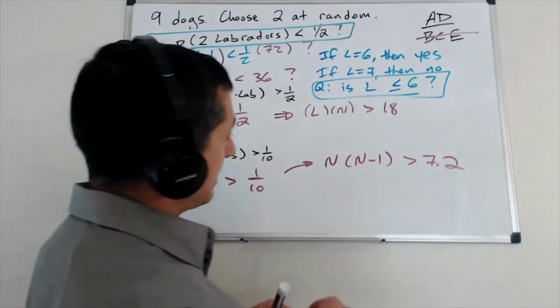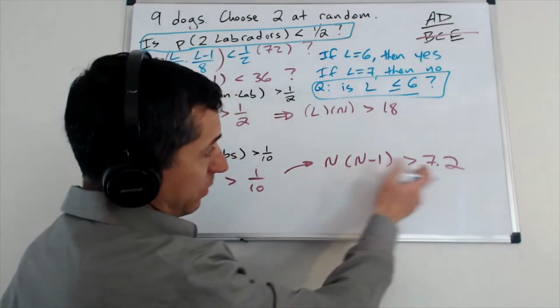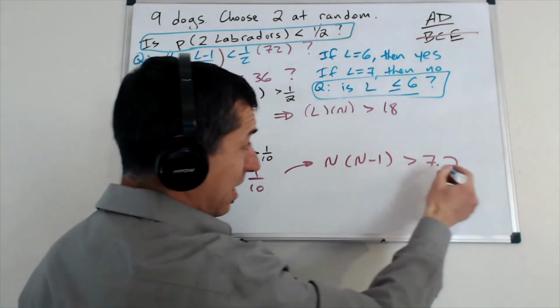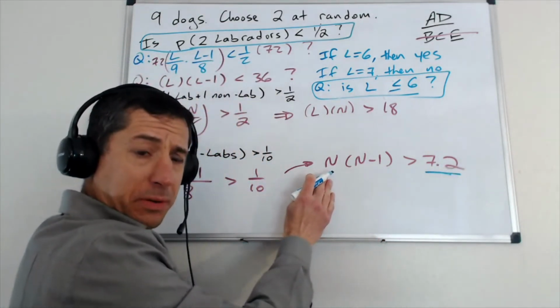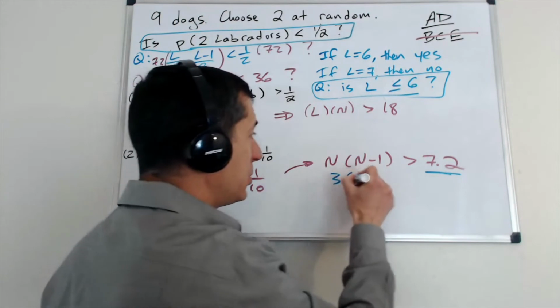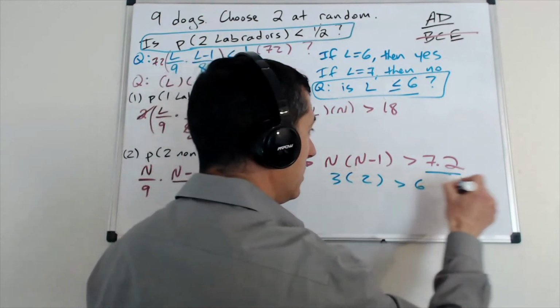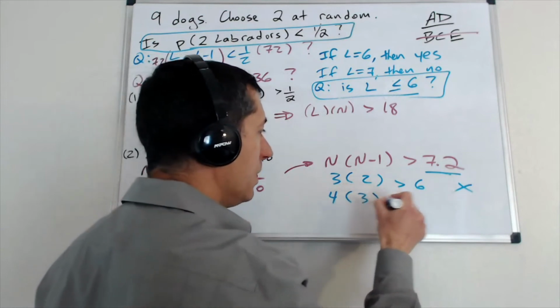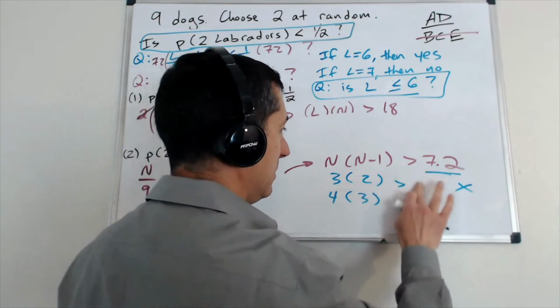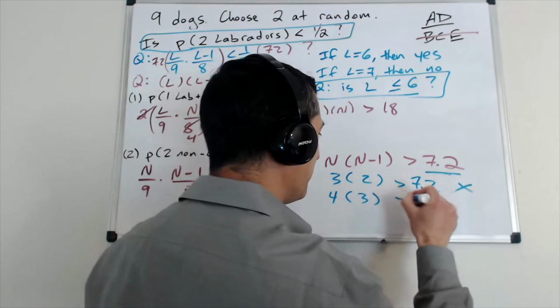Well, I'll start with small numbers and work my way up since this is awfully small. So is it possible to have 2 non-labs? Nope. 3 non-labs, 3 times 2, not greater than 6. But what about 4 non-labs? 4 times 3 is indeed greater than 7.2.